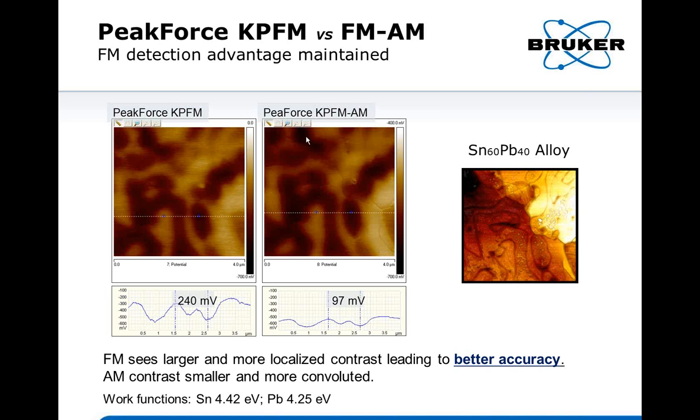And for the AM, it's from the tip apex, part of the tip cone, and also the cantilever, so it averages out to give you a smaller number. This again says there is a difference between resolution and how well you can resolve the difference accurately.